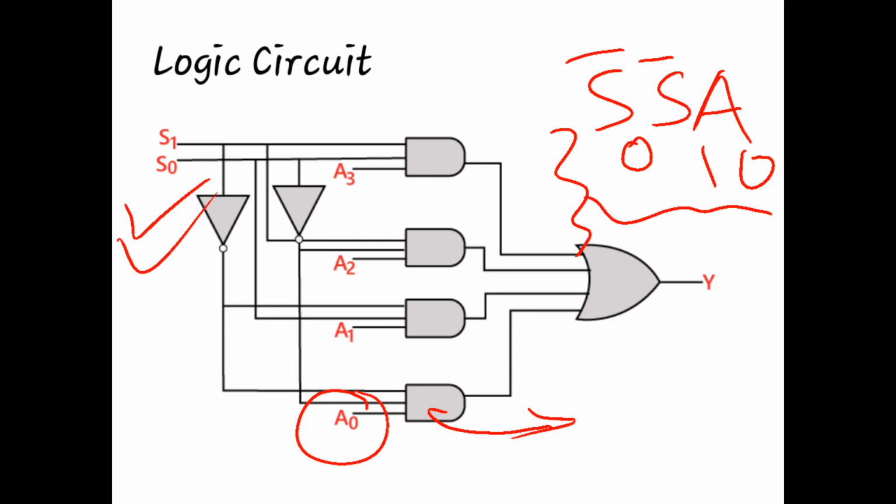So the S0 selection line and S1 selection line are inverted using NOT gates. So when they are inverted, they are used like this, and they are utilized here as an input to this AND gate.